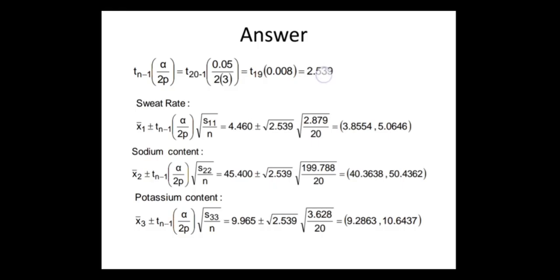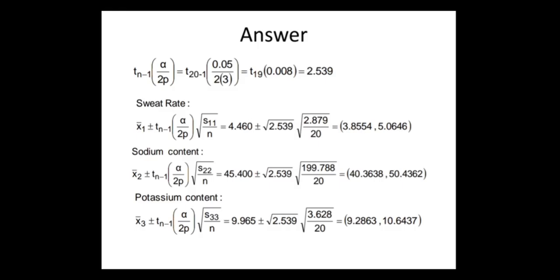Okay, tadi gunakan T-square interval, we have the value of F table adalah 8.29, but now gunakan T distribution, T table, the value is 2.539.